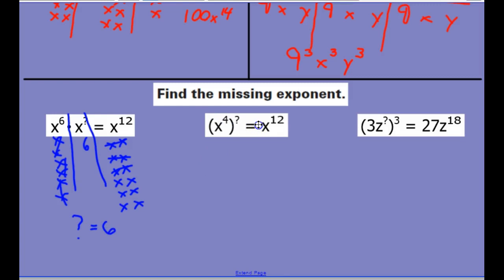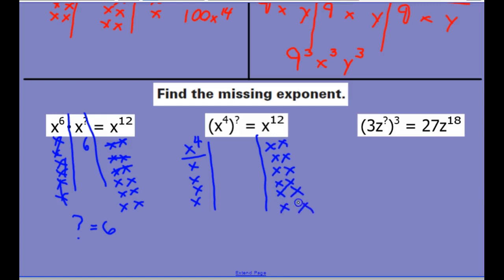Here we need to figure out how many groups of 4 x's do we have. Well, we know we have x to the 4th. And we know that that's 4 x's. We don't know how many groups though we have. We do know in total we have 12 x's. 1, 2, 3, 4, 5, 6, 7, 8, 9, 10, 11, 12.